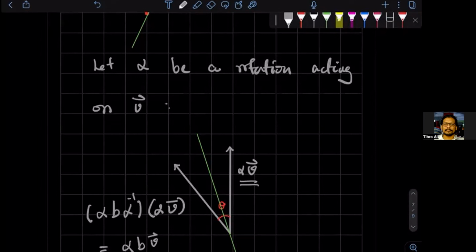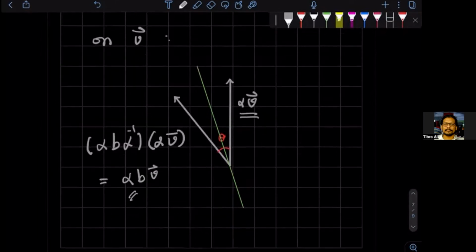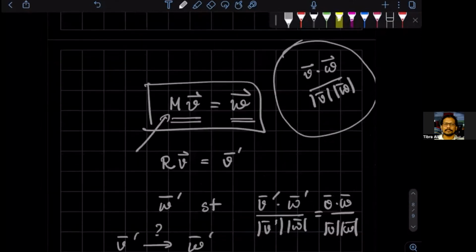Okay, so let me make some comments on the dihedral group before moving on to the next group.